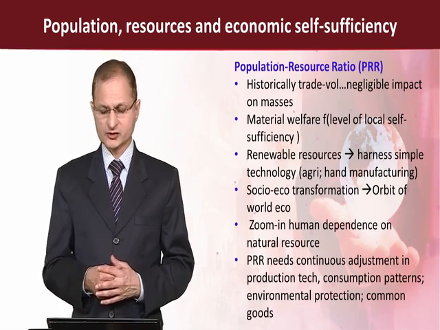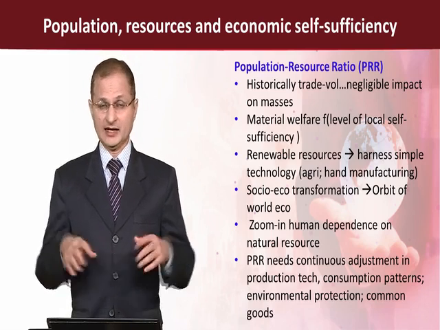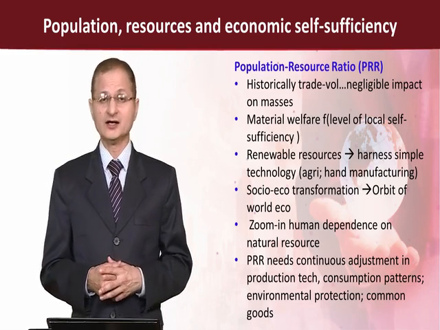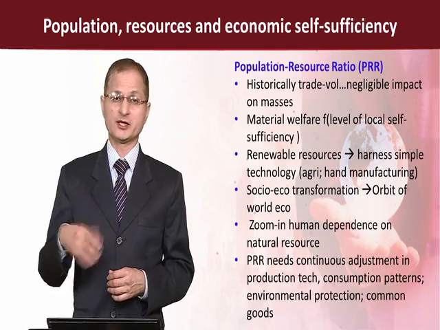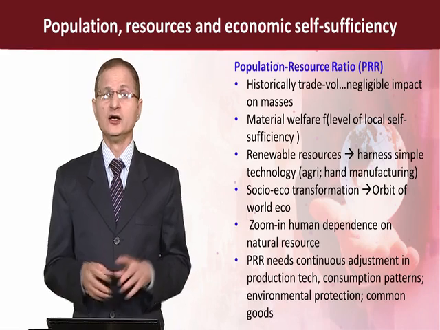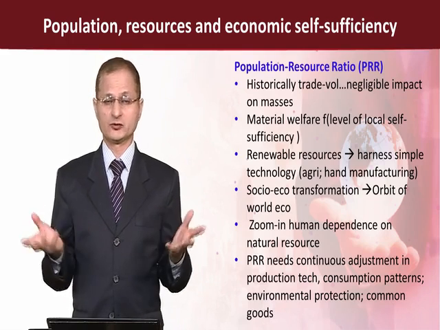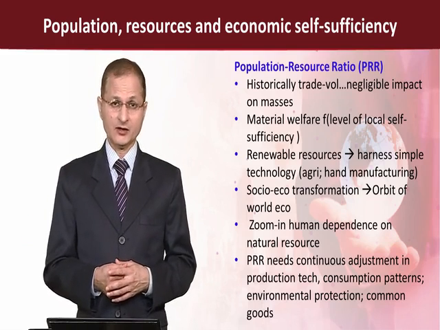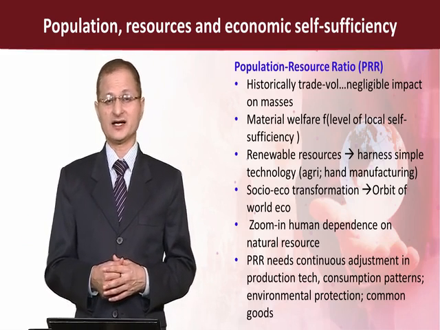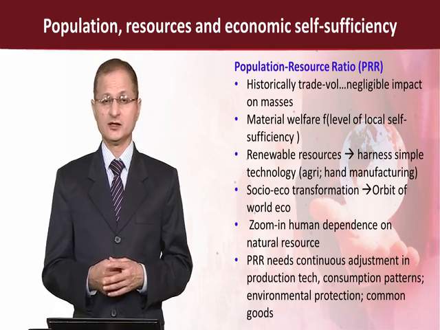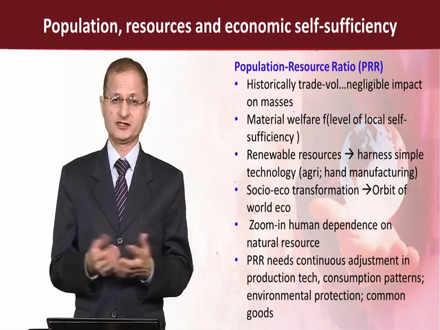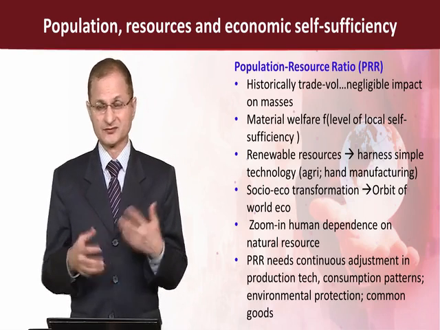Then renewable resources were available to the economies, and they needed to be harnessed through simple technologies. So simple technologies were used to harness those natural resources available to the societies. Mostly the agriculture sector was the focus, as well as the manufacturing sector, in which labor is mostly doing manual work with simple technologies, hand manufacturing.